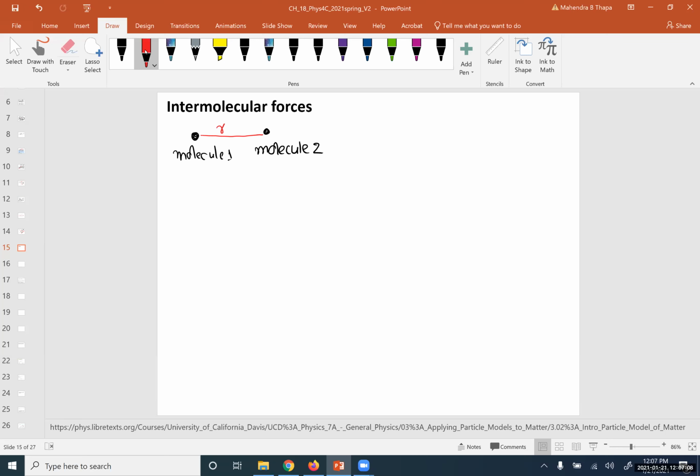Now I'm going to show you a plot of r along the axis x and electrostatic potential energy along the axis y.